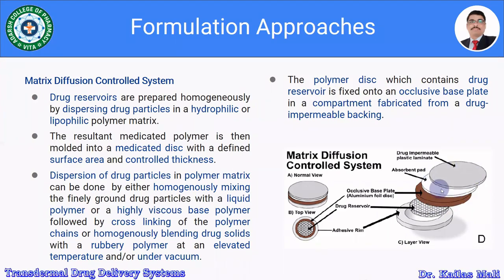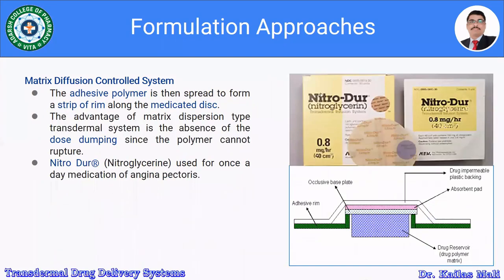Here there is an absorbent pad and this is the occlusive base plate in which we are supposed to place the drug reservoir disc. The adhesive polymer is then sprayed to form a strip of rim along the medicated disc. Look at the figure here so that you will understand clearly.